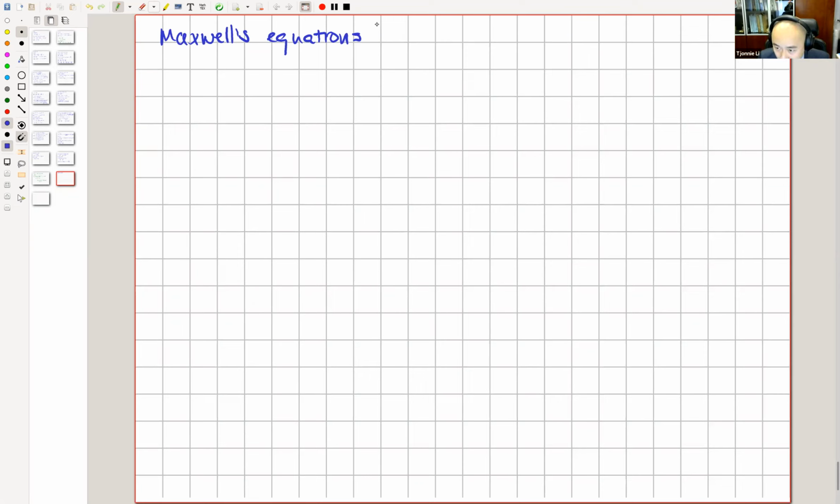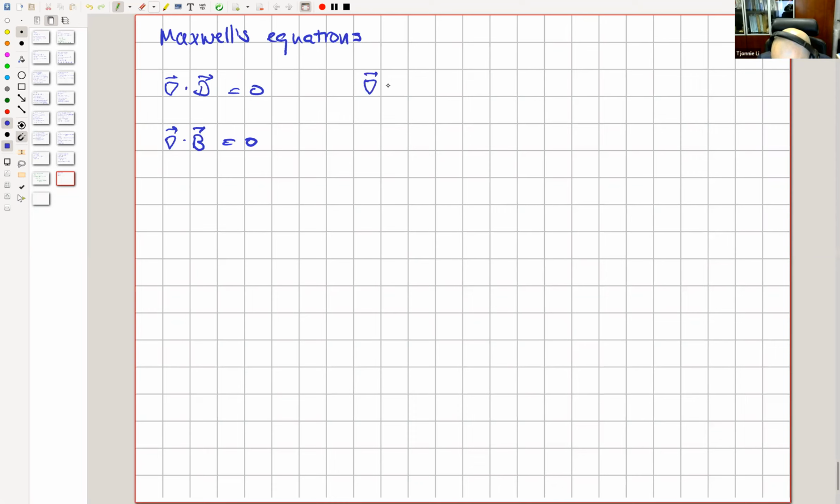In which case, what I can show is that this is the equation that we've seen before. The divergence of D equals 0. The divergence of B equals 0.